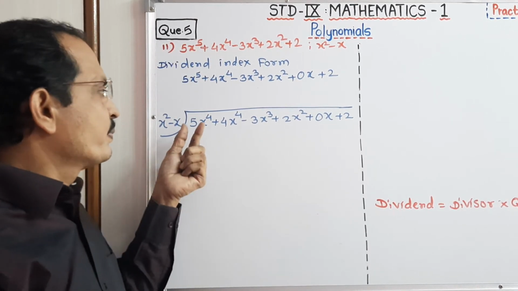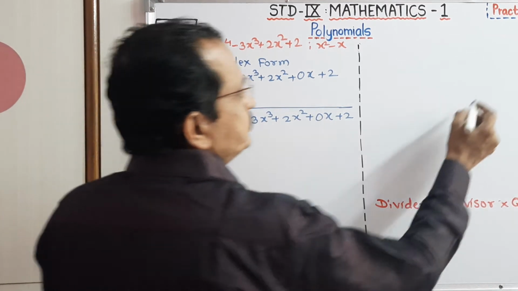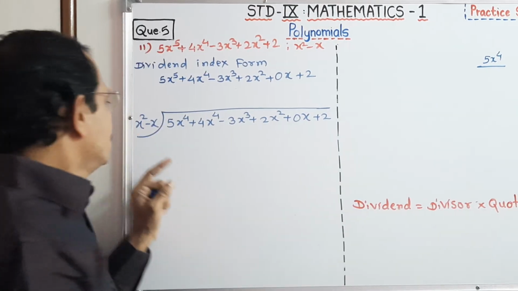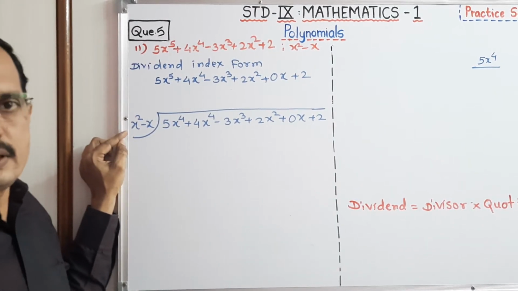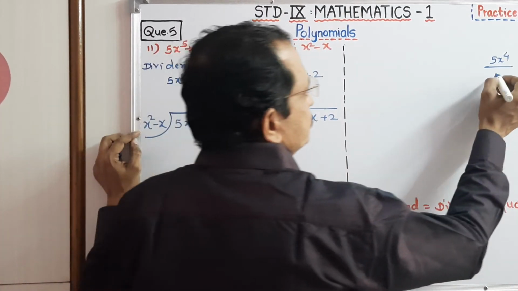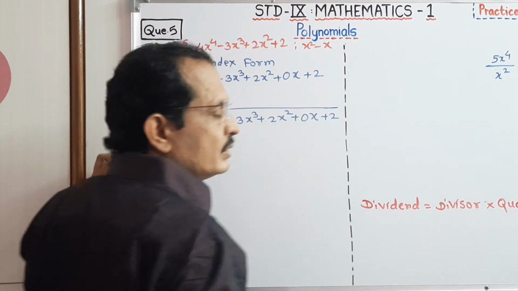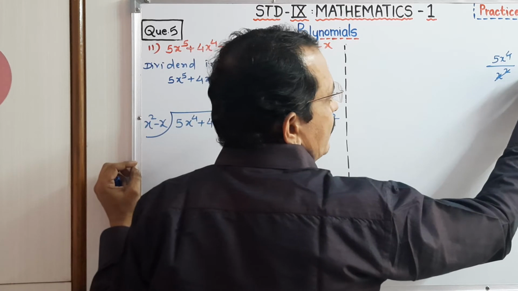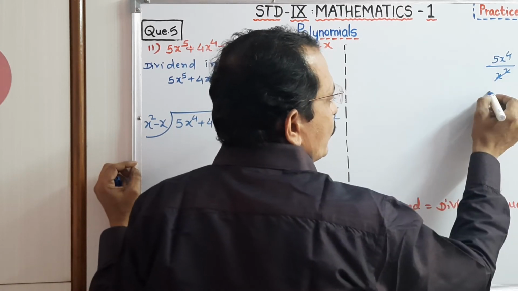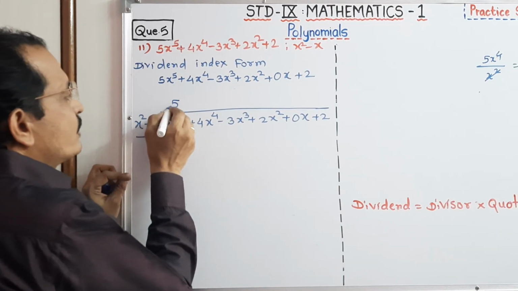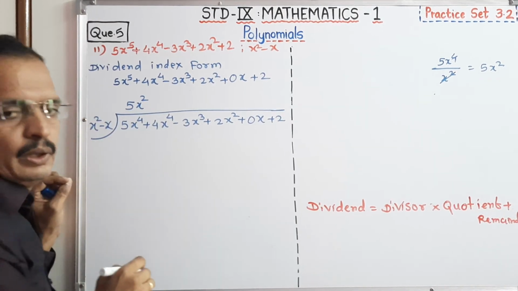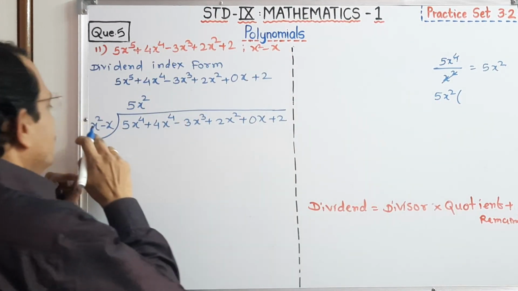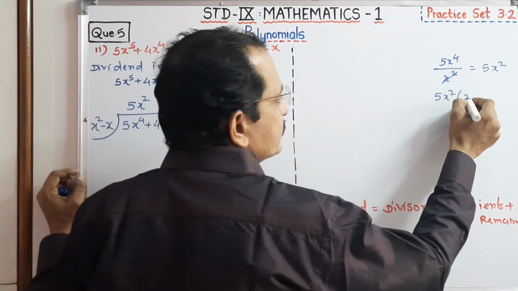First step, the first term, 5x raised to 5, divided with the first term of the divisor, x square. Now x raised to 5 by x raised to 2 gives 5x cube. Now we write this 5x cube here and multiply it with x square minus x.